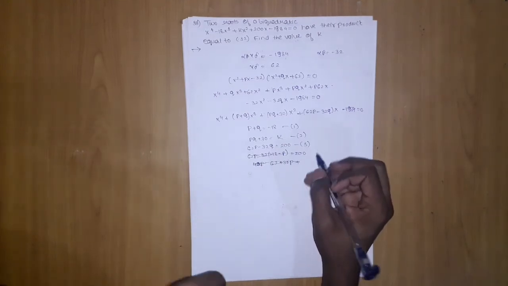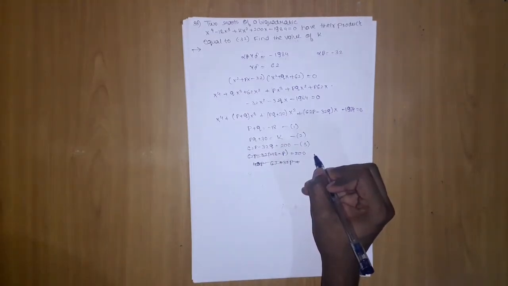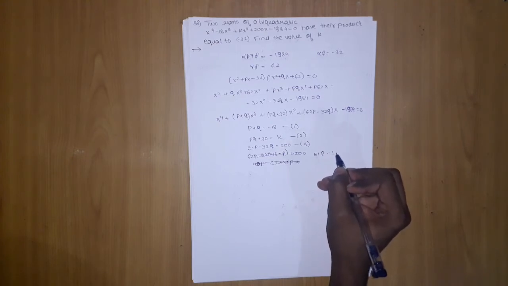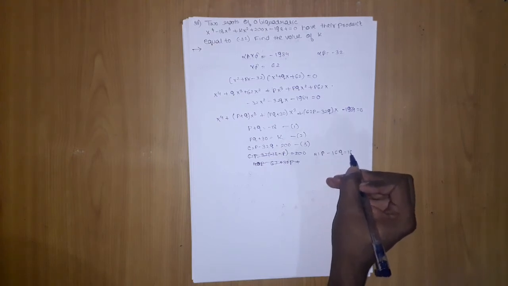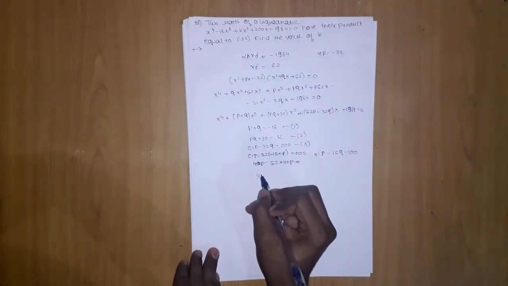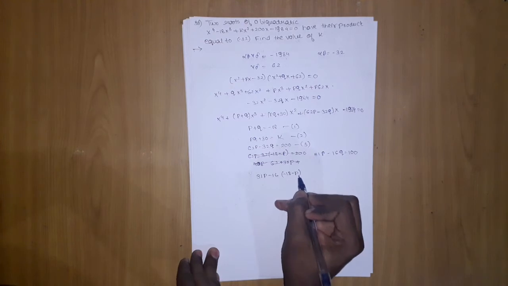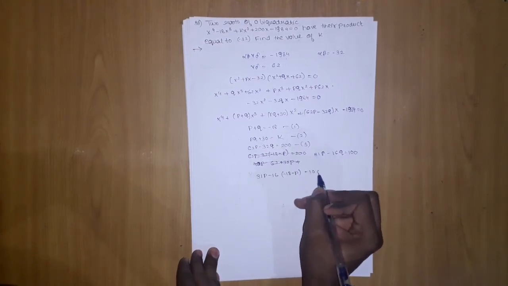We can reduce this equation by dividing it by 2, which will give us 31p minus 16q equals 200. And now if I put the value, which will make my job easier, minus 18 minus p, is equal to 100.